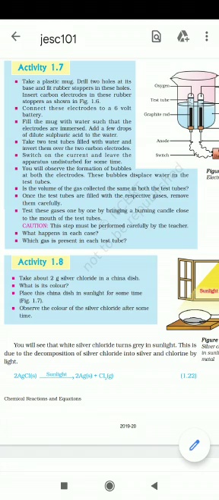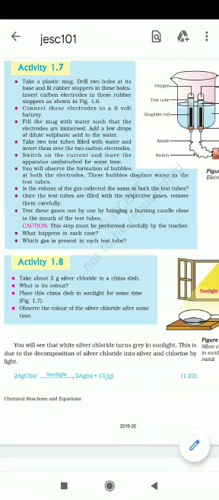It catches fire. Oxygen supports burning, but hydrogen catches fire. So what happened with the test tube? The test tube catches fire and produces a specific sound, a pop sound. So this is the confirmation test for hydrogen and oxygen gas.